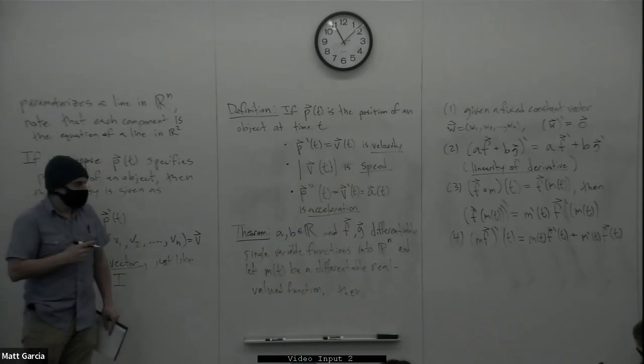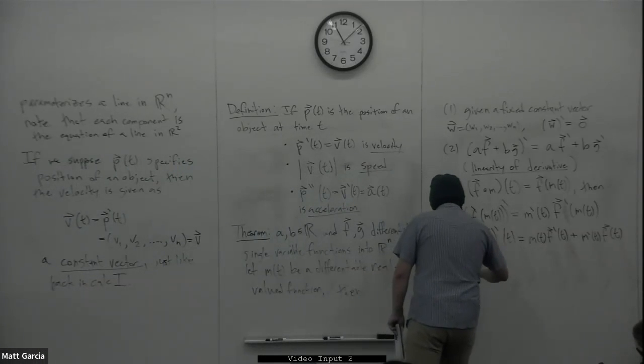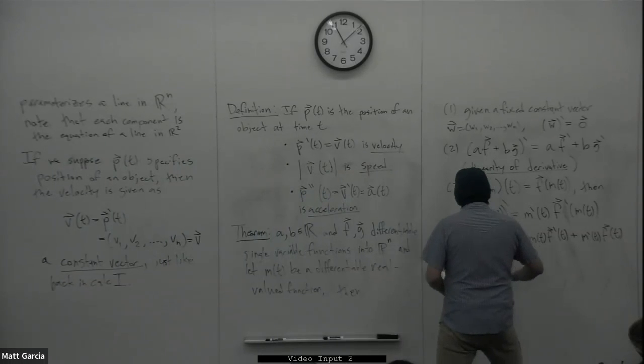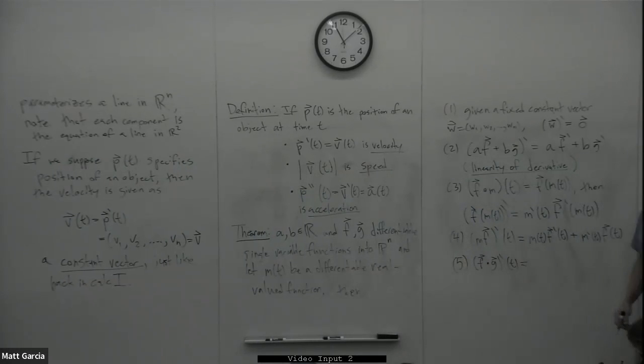So, for example, what can I say if I want to take the derivative of the dot product of f and g? Well, again, the naive generalization of the product rule holds here.